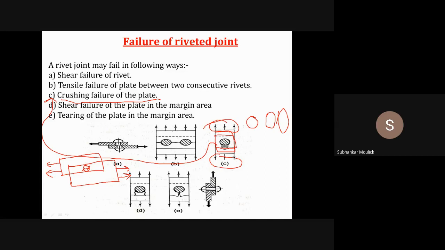If this hole is not present, what happened? The hole is being crushed, due to which the crushing failure of the plate will take place. Is it correct? Clear, sir. So this is the crushing failure of the plate due to elongation of the rivet hole.